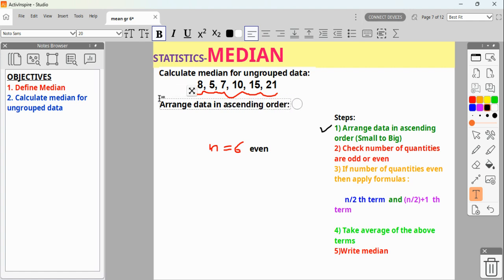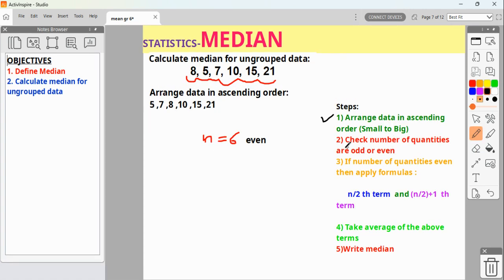So let's arrange with me. The smallest value here is 5, then 7, then 8, then 10, 15, and in the last there is 21. So I have arranged the given data in ascending order, small to big. That is the most important step for calculating the median. If you are not doing this step, then your answer will be wrong.